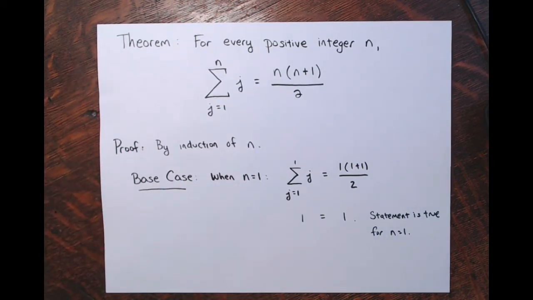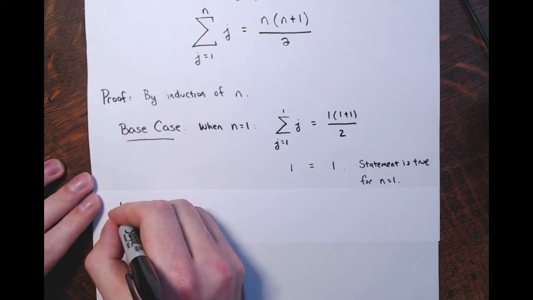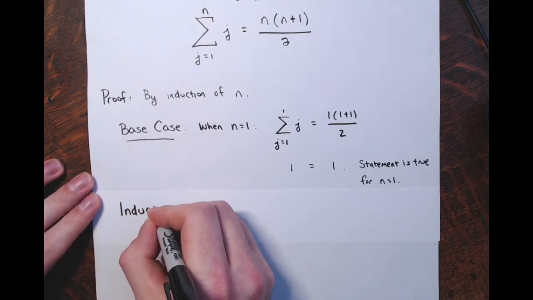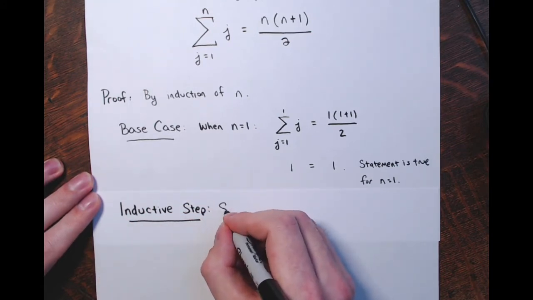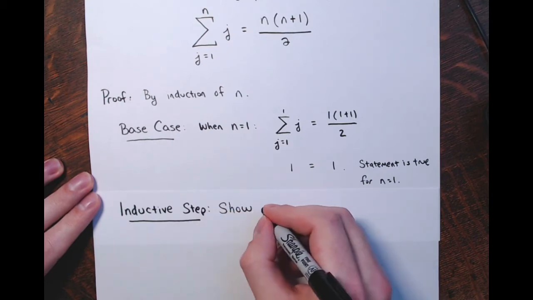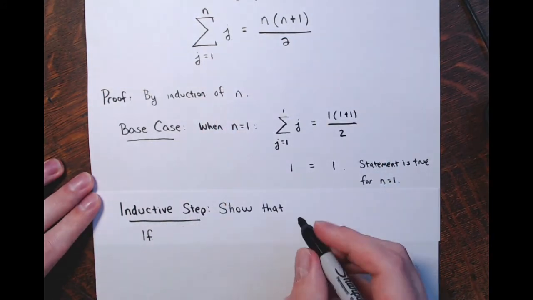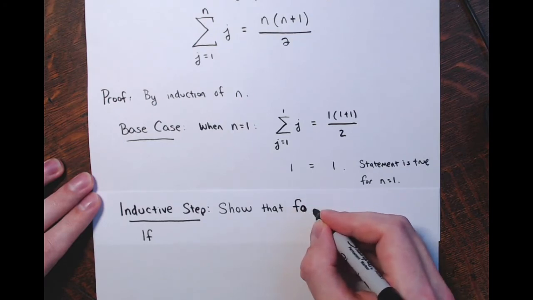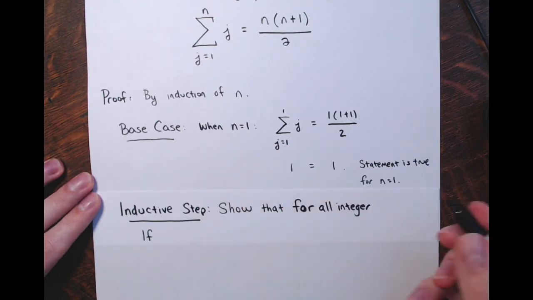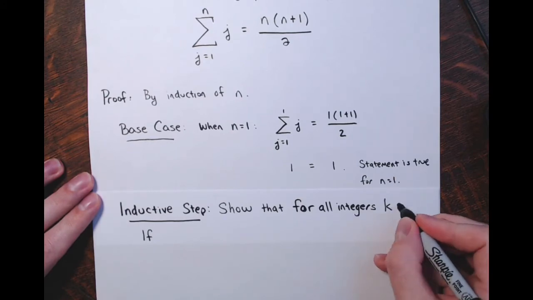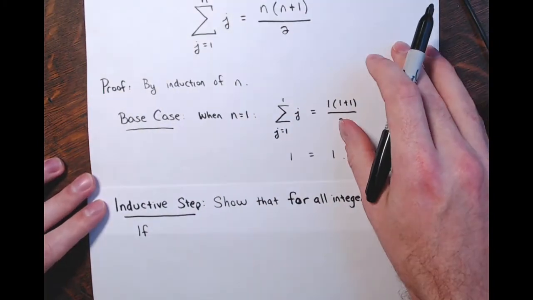Next comes the inductive step. We're going to show, I want to show that for all integers k, some generic integer, not just the integer 1, for all integers k greater than or equal to 1, because again we're dealing with the positive integers here, so I can't use negative k or anything like that.